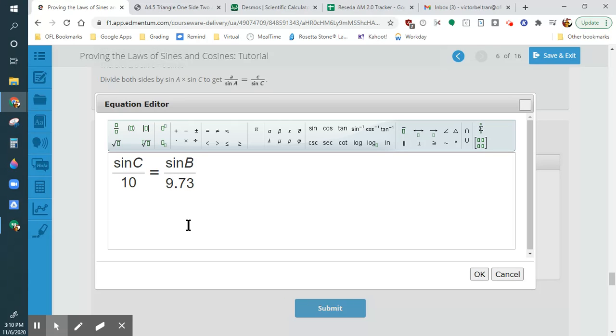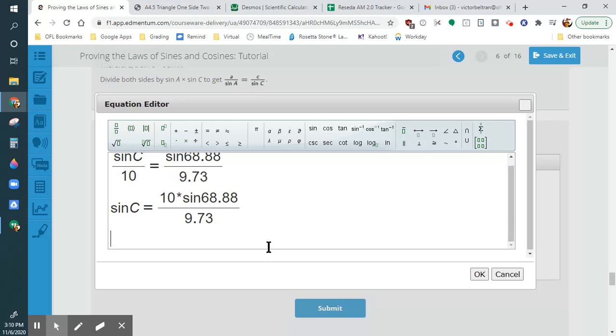And then we have to plug in the angle that we calculated for it. So then we're going to say that sine of c equals 10 times sine of 68.88, over 9.73.